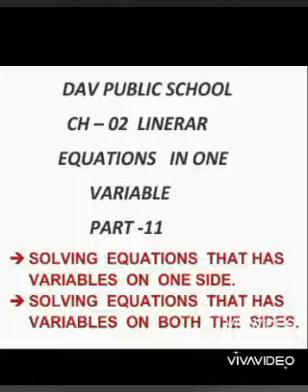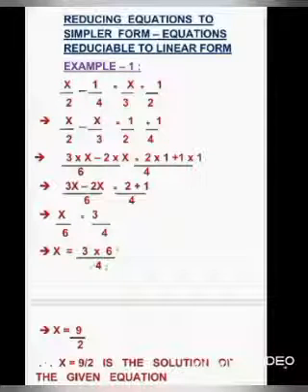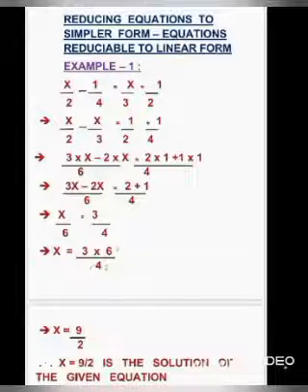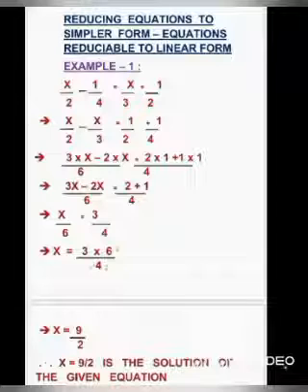Next one, solving equations that have variables on both sides. Today we will discuss how to reduce linear equations to a simpler form, or equations reducible to linear form. Okay, let us move to the first example.